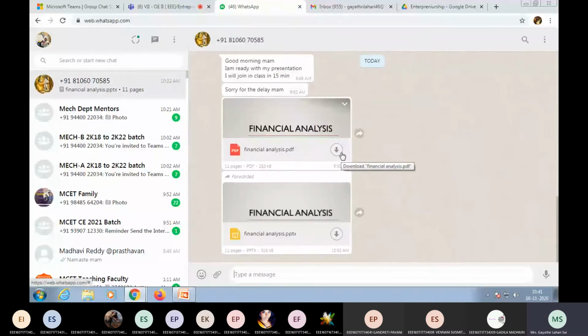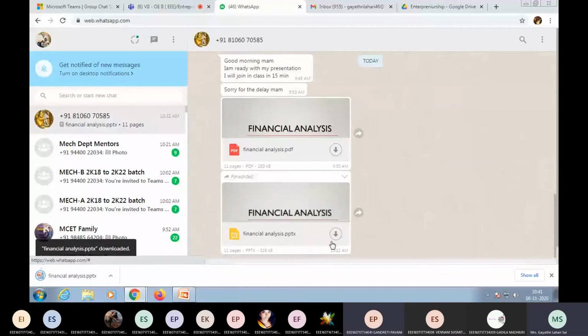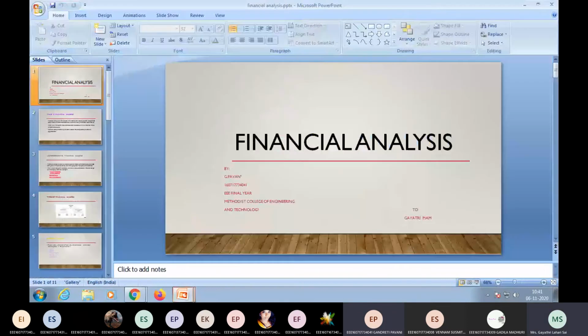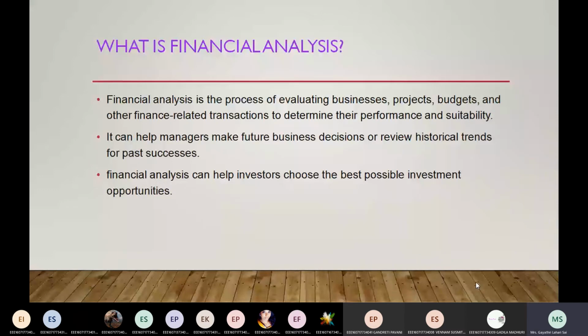You want PDF or PPT? PPT, ma'am. Both are the same, ma'am, but I have sent in both formats. Okay. Yeah, you can start. Yeah, please start, Pavani. Ma'am, I'm opening it on my mobile also, ma'am, so that it will be convenient for me. Okay, fine, fine.